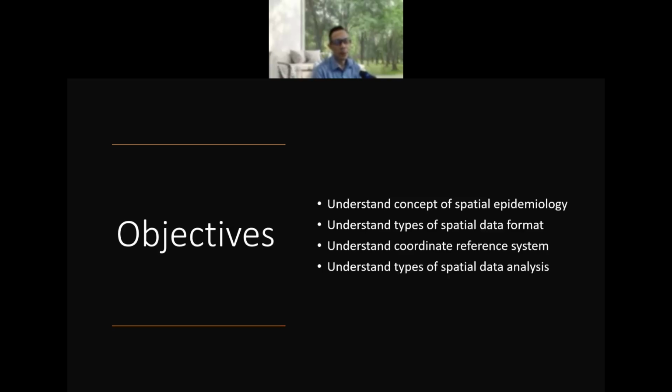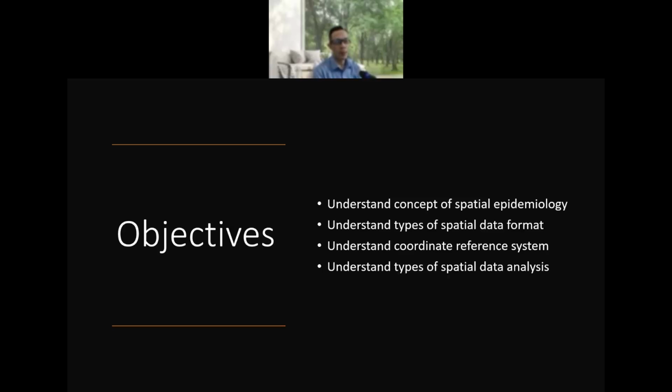Alright. So the objective of the lecture is, number one, to understand the basic concept of spatial epidemiology. Number two, to understand types of spatial data format. Number three, to understand coordinate reference system. Number four, to understand types of spatial data analysis.